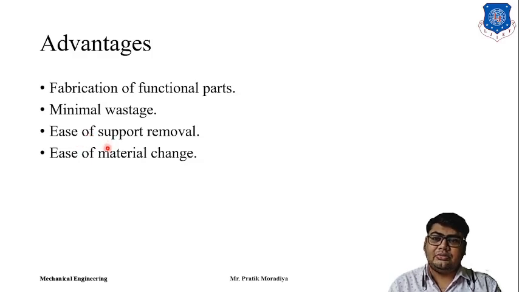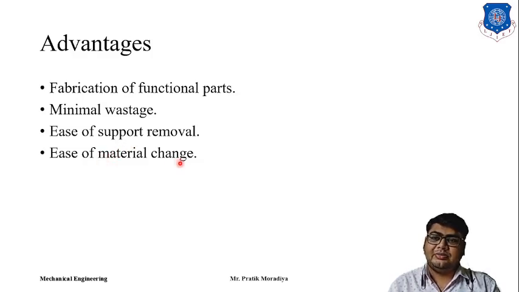There are two systems for support removal. One is the break technique, and the other one is melting. So in both cases, we can easily remove the support, and we can easily change the material.